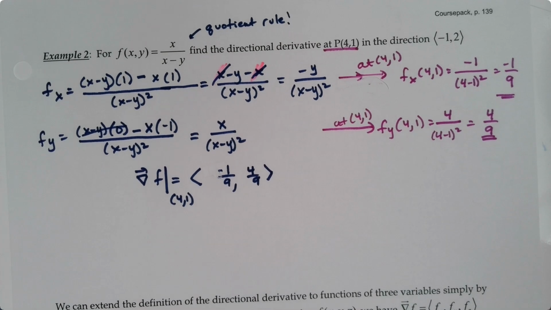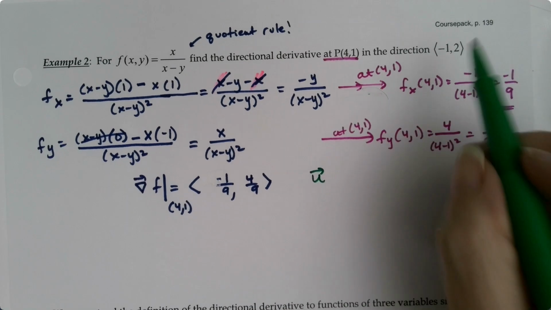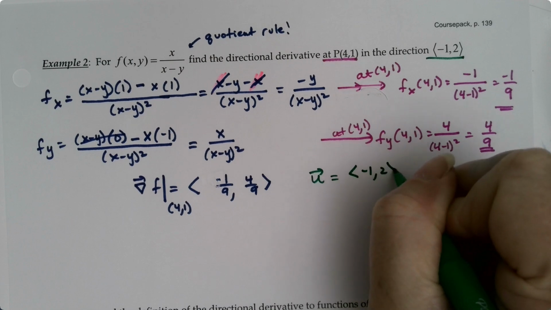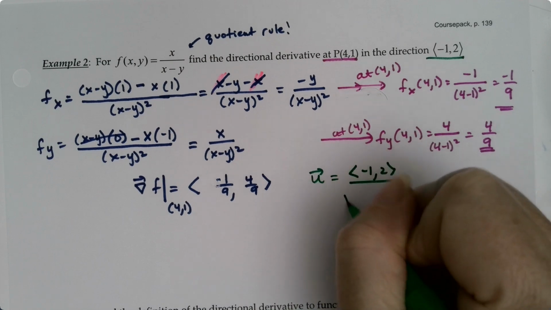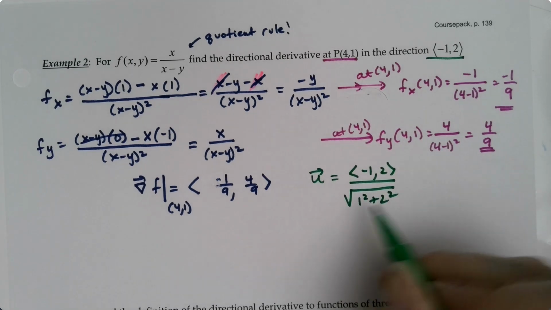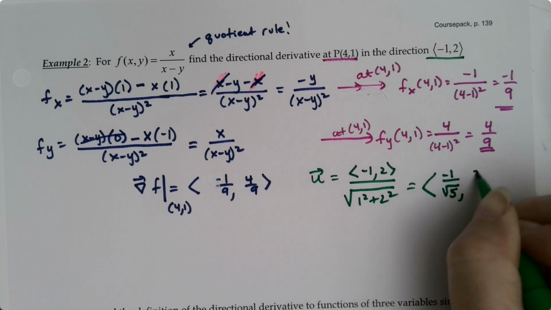Okay, now what about our unit vector? Our unit vector is this direction. So we know we need to go in the negative 1, 2 direction. But in order to make it a unit vector, we have to divide by the magnitude. 1 squared plus 2 squared, which is 1 plus 4, which is 5. So that makes it (negative 1 over the square root of 5, 2 over the square root of 5).